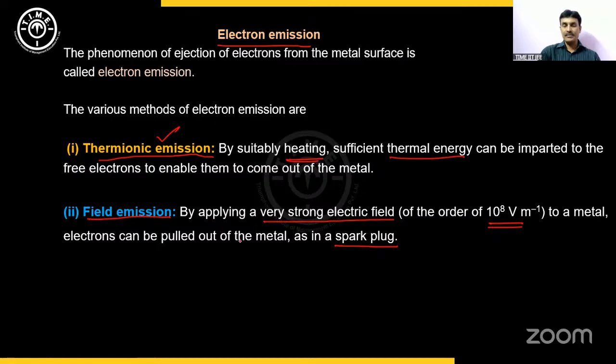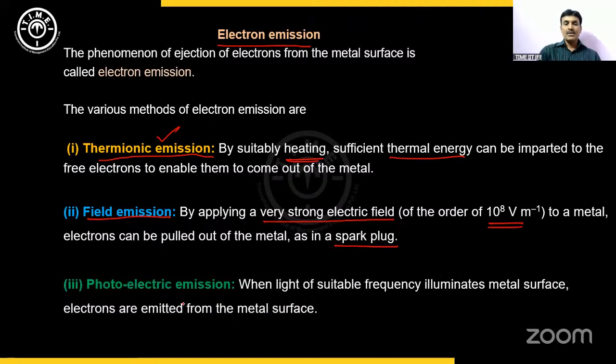Is that clear? Right. Now the third one is the concept for the day, that is the photoelectric effect. It is electron emission by any means, thermionic emission or field emission or photoelectric emission. In this particular case, photoelectric emission, the term photo stands for light.